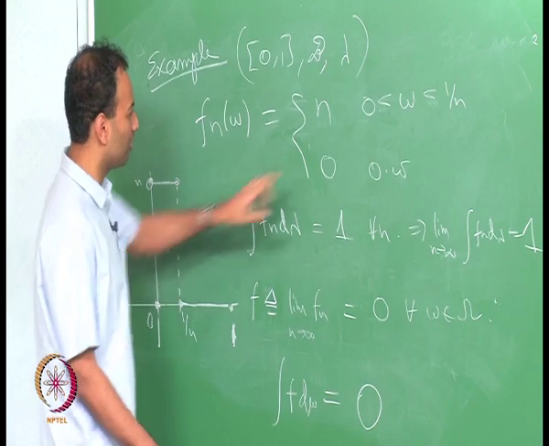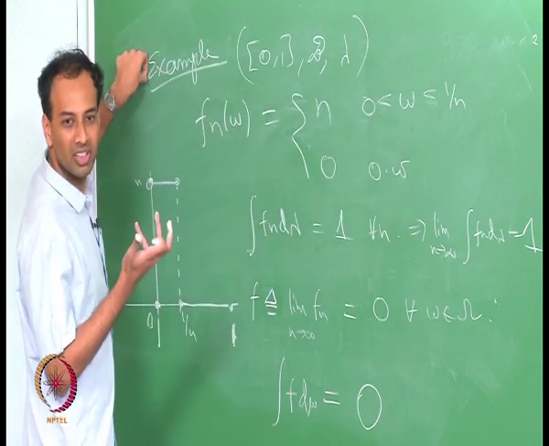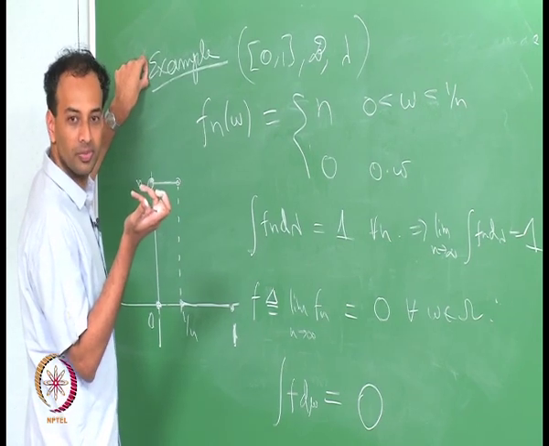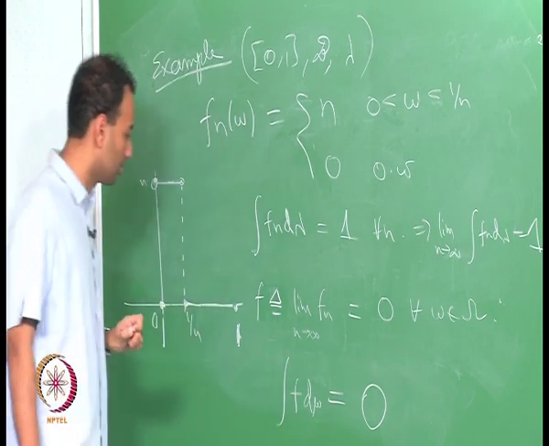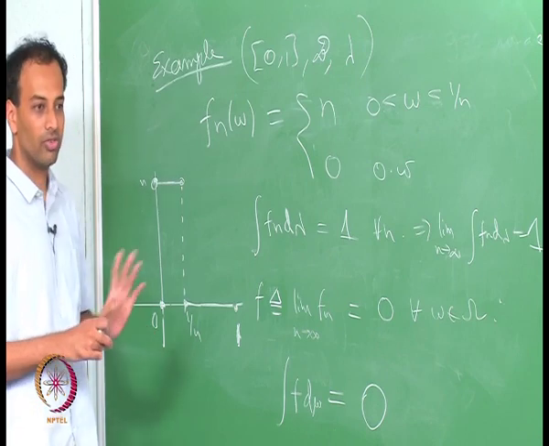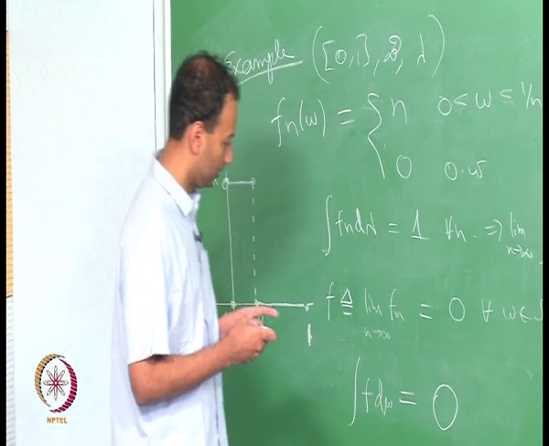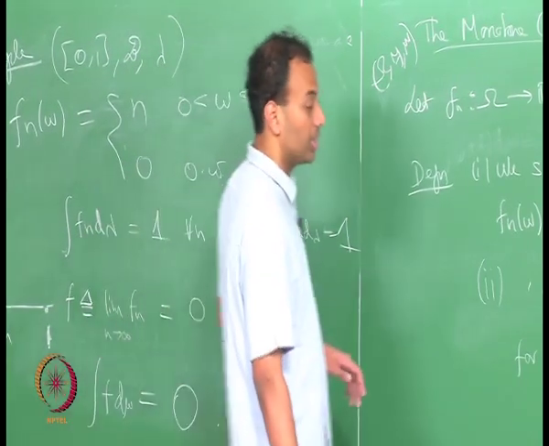So, it would not have mattered even if I had less than or equal to here; there will just be one point where the function is plus infinity, but that one point has measure 0. So, there is no difference. Is that clear? So, you cannot interchange limit and integration.